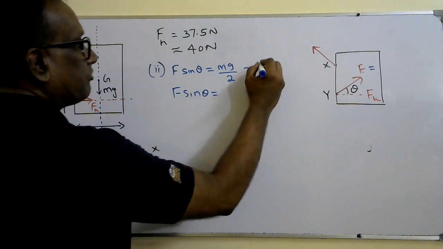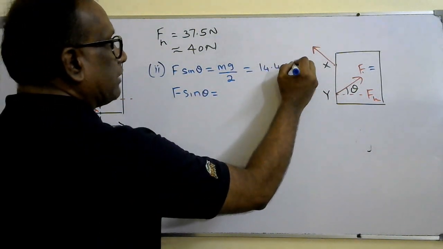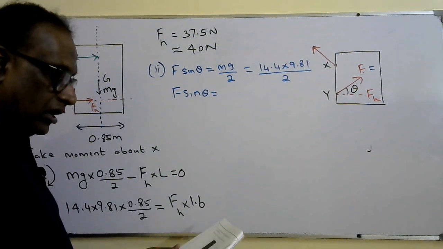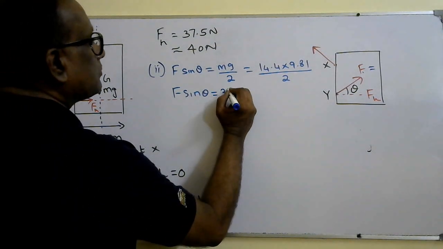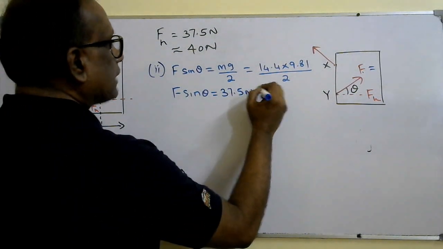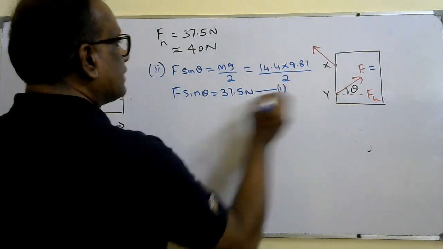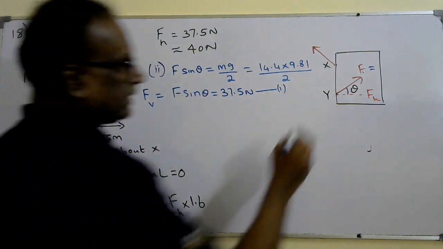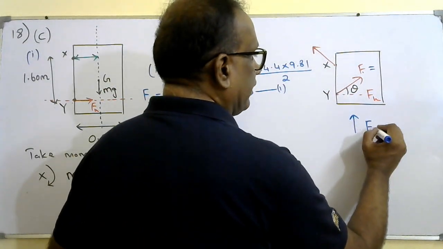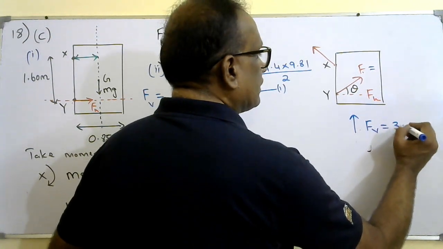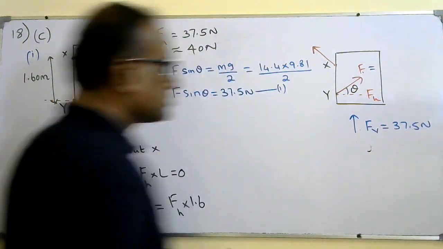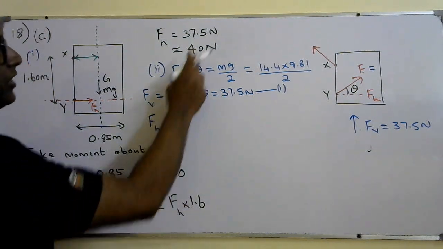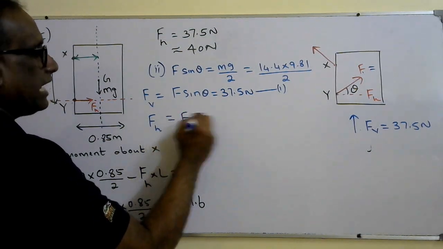Mass is 14.4 times 9.81 by 2, so that's going to be 37.5. This is the vertical component, Fv, the upward direction force at Y, equal to 37.5 Newton. We already know the horizontal component Fh, which is F cos theta.